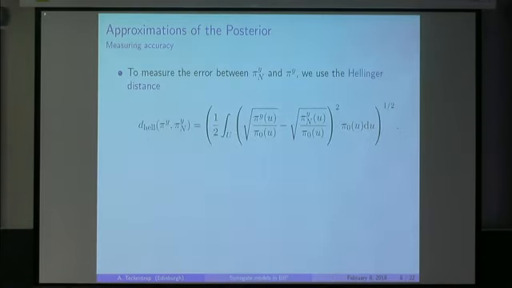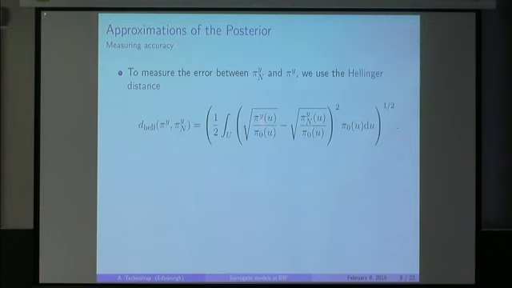Okay, so we have to choose how we're going to measure the error, and for that we have chosen to use the Hellinger distance. If you're not familiar with the Hellinger distance, it's just a way of measuring the distance between two probability distributions. Okay, so here we have the true posterior, the approximate posterior, and it's defined in this way. So here you see you've got the ratio of the posterior to the prior density.